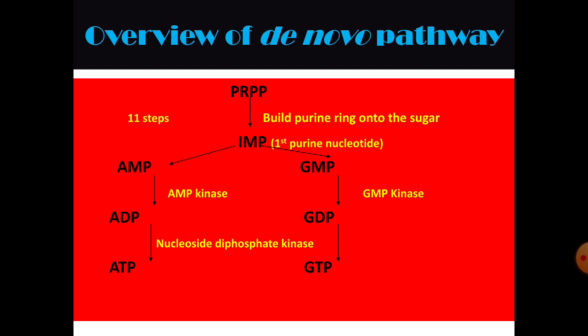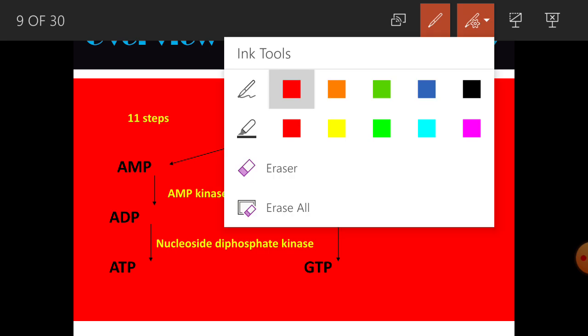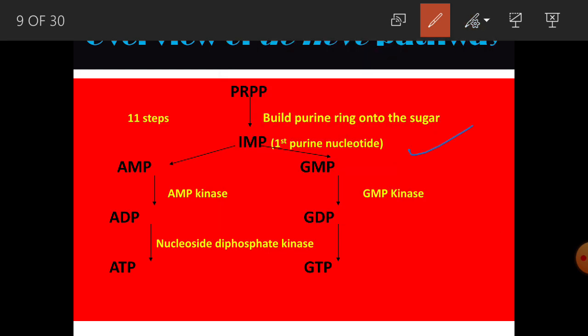Coming to the first pathway, that is the de novo pathway. Now, what does this de novo mean? De novo means newly synthesized purines. So, as I told you, the beginning product is PRPP. After some 11 steps, the first purine nucleotide is obtained, that is IMP, inosine monophosphate.